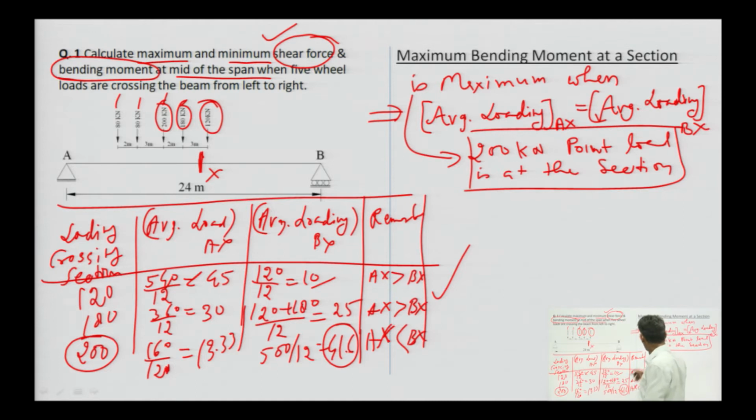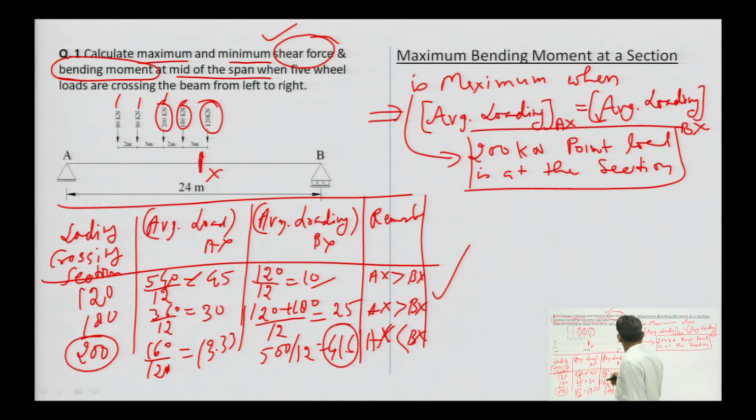After getting this condition, the next step is very simple. What will be the step? We will plot the IL for bending moment at the section, and then we will put the 200 kilonewton load on that section, and the respective loads will occupy different places.